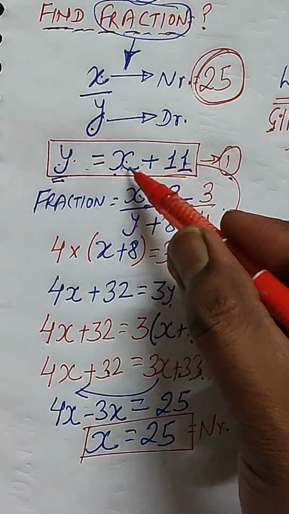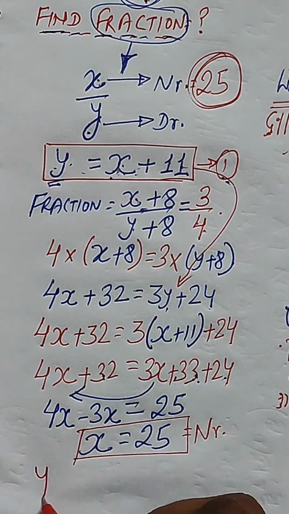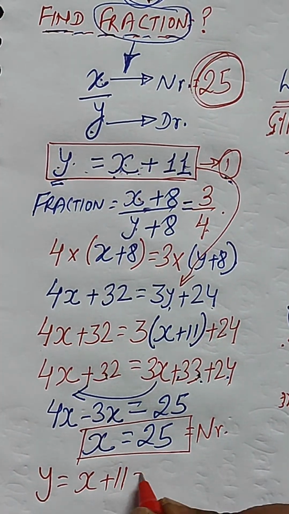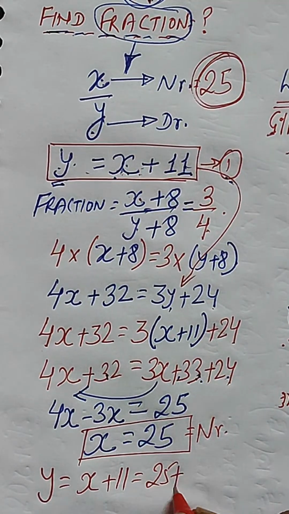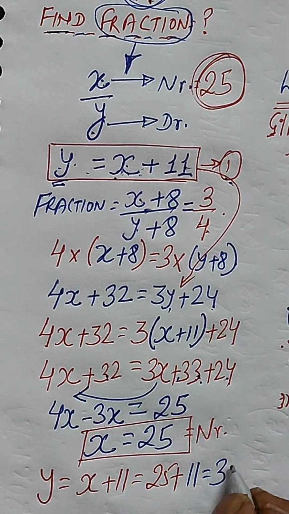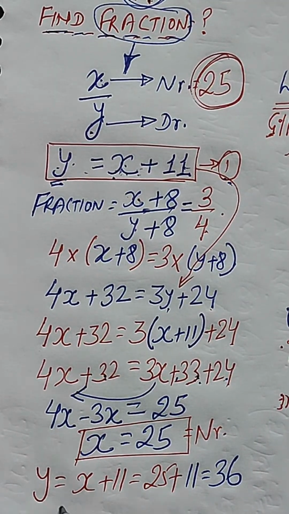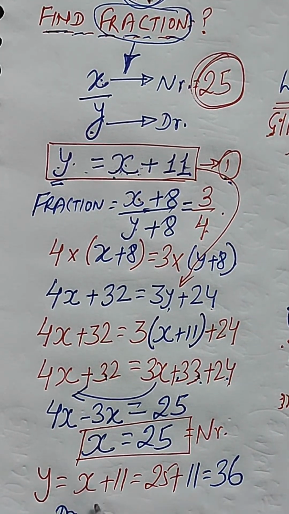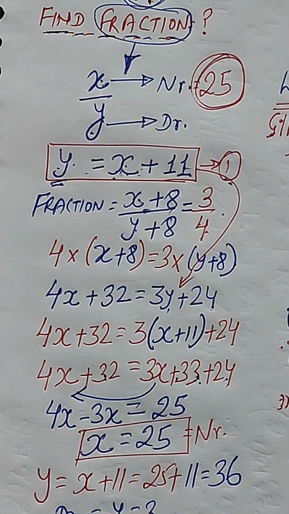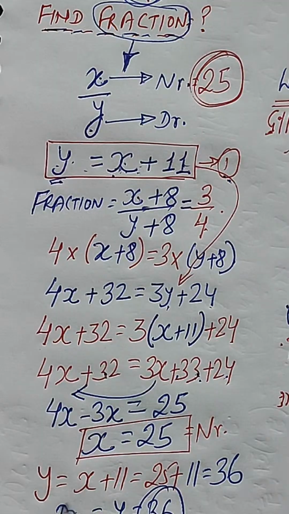Now, from equation number 1, y can be written as x plus 11, that is 25 plus 11, which will give you 36. So denominator y is equal to 36.